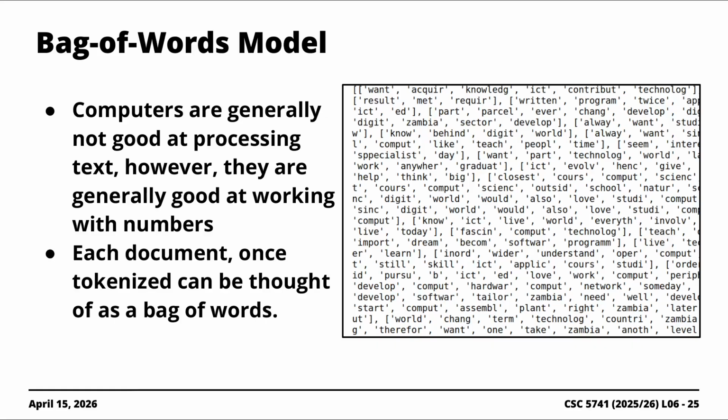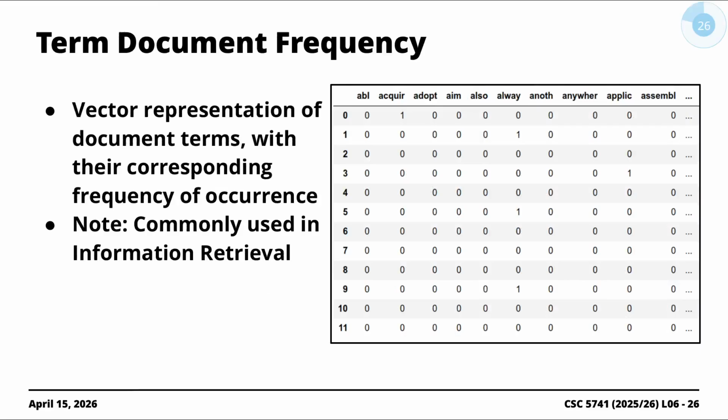The idea is simple here. Once we tokenize each document, we can generate term frequencies for each of the terms in that document, so that your vector represents the frequencies or occurrences of each term in your corpus.